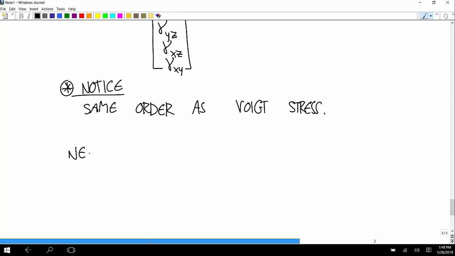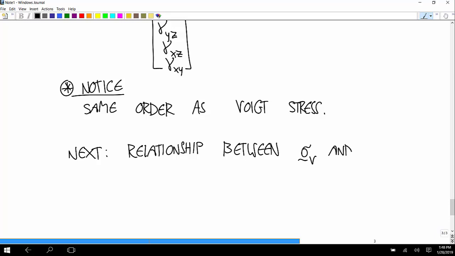Next, what we're going to see, and I'm not going to do this at all, is the relationship between the Voigt stress and the Voigt strain.